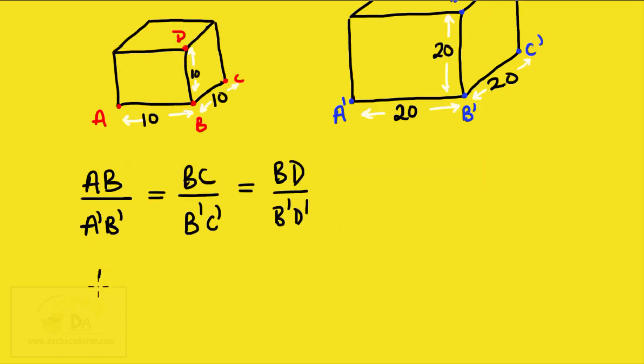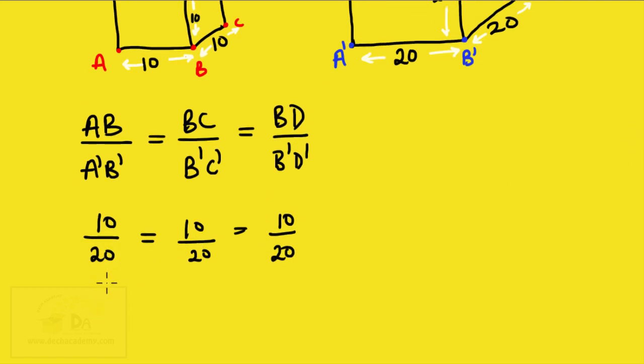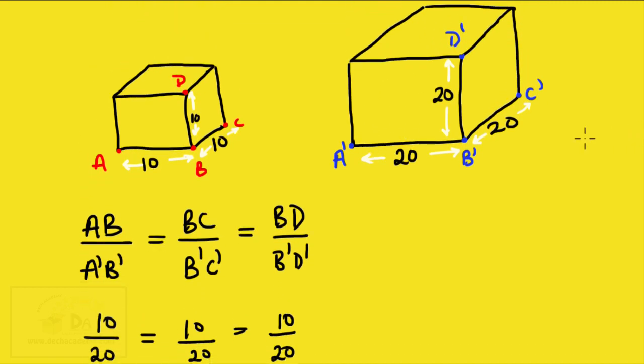The length of side AB is 10, A prime B prime has a length of 20, BC has a length of 10 centimeters, B prime C prime has a length of 20 centimeters, side BD has a length of 10 centimeters, and side B prime D prime has a length of 20 centimeters. As you can see, this ratio is 1 over 2, this is 1 over 2, this is 1 over 2. So the corresponding sides are in the same ratio, so that's one of the conditions for similarity.